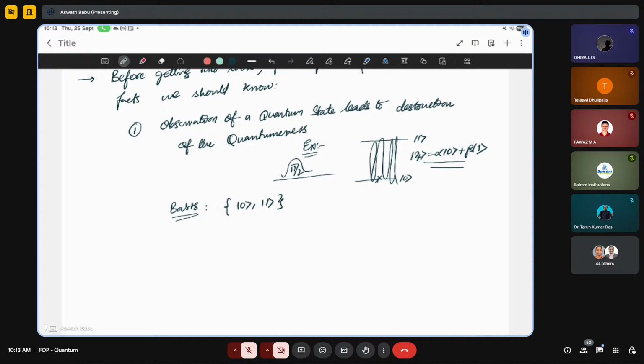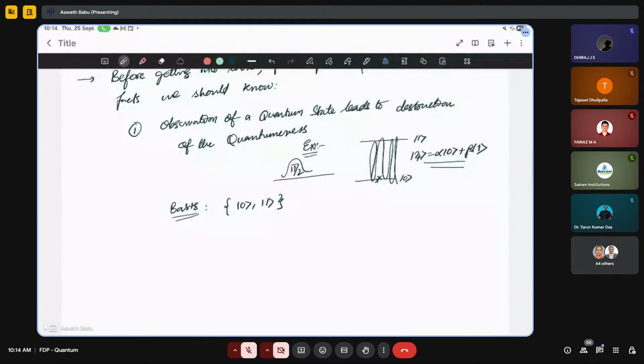For example, in the real world, we express currency in Indian rupees, or most commonly in US dollars. Whether the amount is expressed in dollars or in rupees is two ways of expressing the money. So here also there is another basis in which we can express the same quantum system.